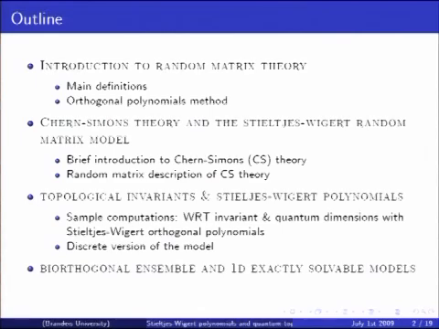These models will be related to Calogero and Sutherland models, but apparently have not been studied in the literature, and they are directly related to the random matrix description of Chern-Simons theory. One open problem here is that the model is known to be exactly solvable, but integrability has not been proved, so that's an interesting open problem. Okay, and I will finish with conclusions and outlook.